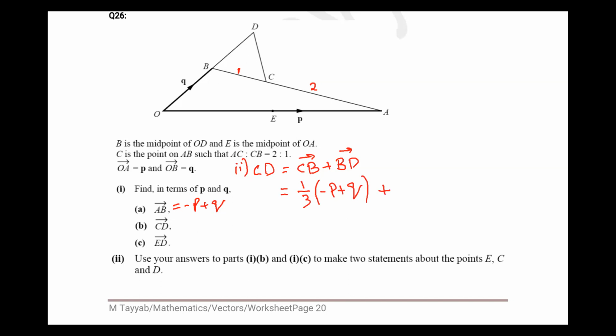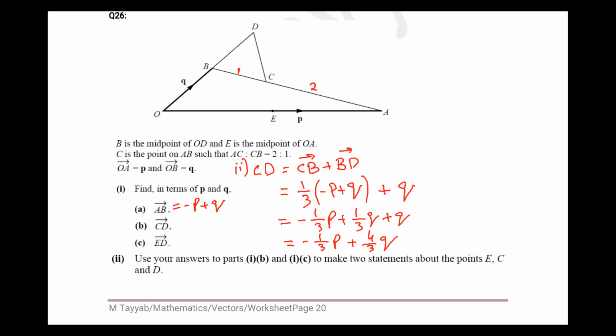So if OB is Q, then BD is also Q. So that's your second part. इसको further simplify कर लेते हैं. Multiply 1/3 inside, so minus 1/3P plus 1/3Q plus Q. So like terms will be added. So minus 1/3P, 1/3Q plus 1Q is 4/3Q. This is your second part.